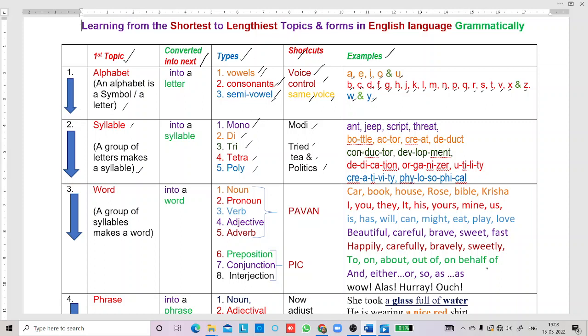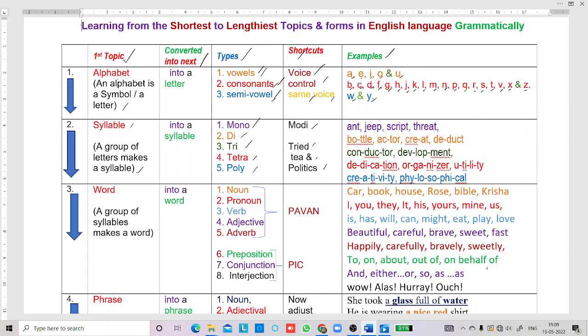Now, what is called a syllable? In another definition, a syllable is a single stretch of breath that is released from our mouth. In other words, it is the movement of the tongue, teeth, or the entire mouth organs to pronounce a group of letters.